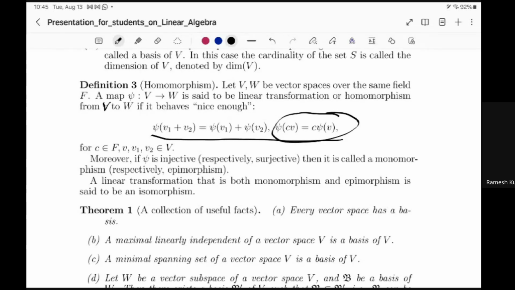So if this psi happens to be an isomorphism, then a basis of V will be taken to a basis of W, and the dimension of V would exactly be the same as the dimension of W. So the dimension and the idea of basis would not change. So that is why I'm calling it an invariant.